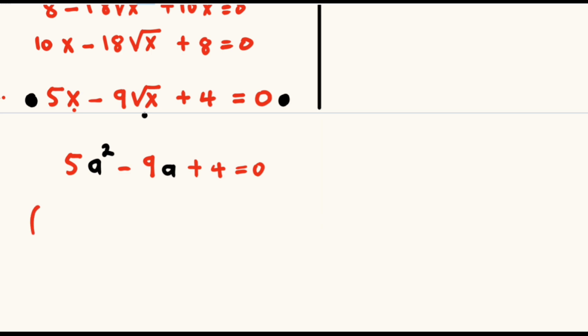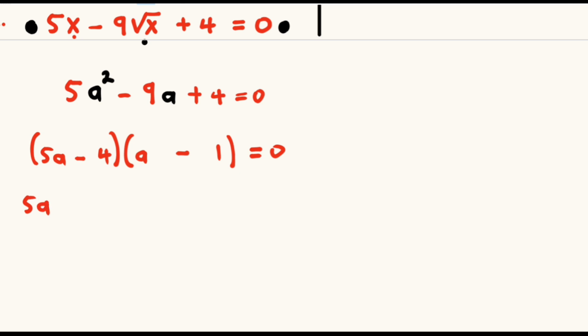From here, we factorize and solve. For the a, the factors of the 5a squared will be equals to 5a, and the factors of the 4 will be 4 and 1, and we have the negative here and that negative. So 5a minus 4 will be equals to 0, or a minus 1 will be equals to 0. So our a will be equals to 4 divided by 5, or a will be equals to 1.